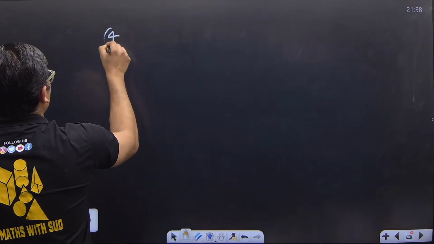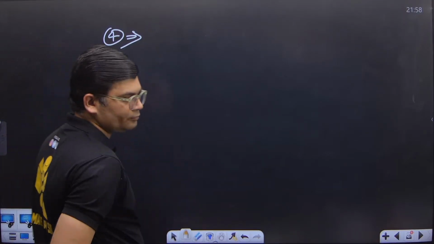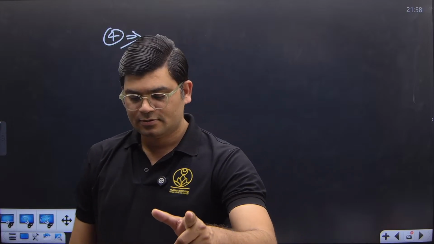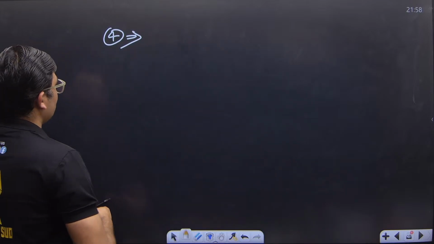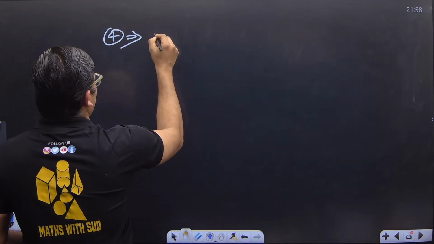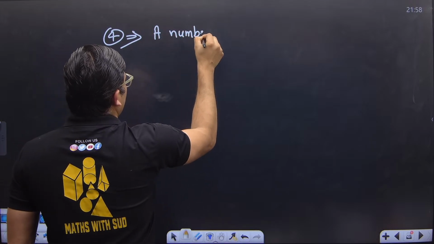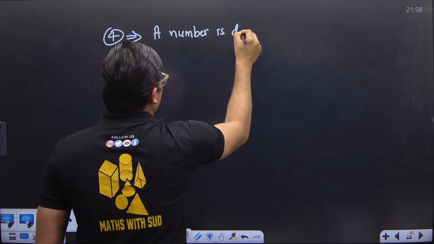What is the divisibility rule for 4? The last 2 digits. Yes. Formed by the last 2 digits. So a number is divisible by 4 if the last 2 digits is divisible by 4.